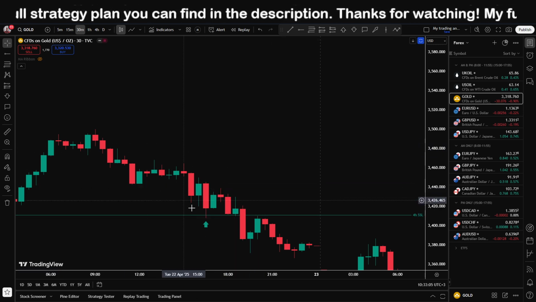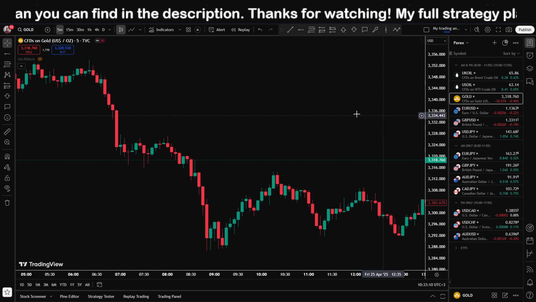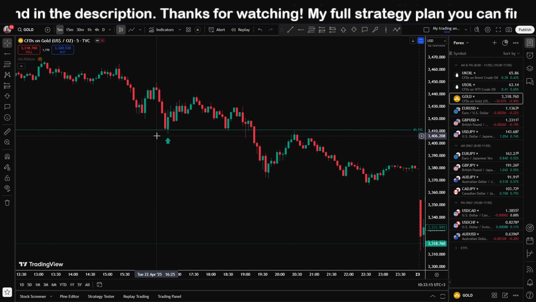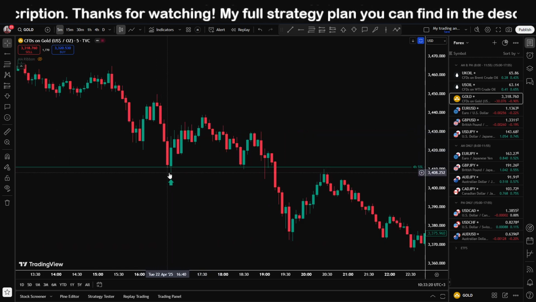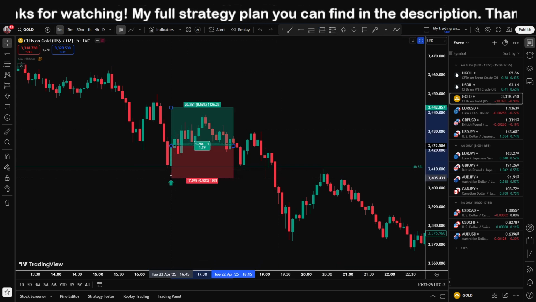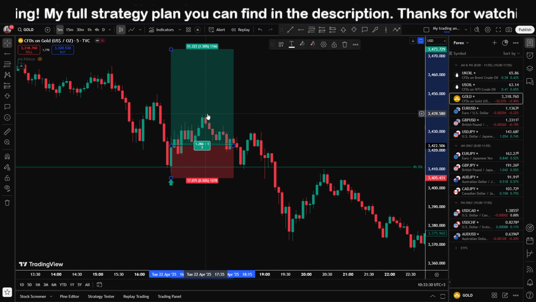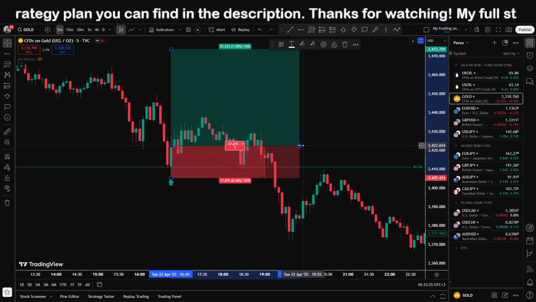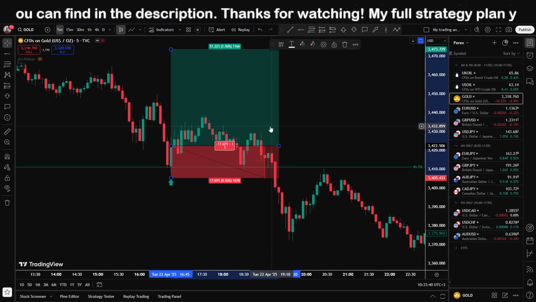And the second trade is from the 5-minute time frame. Right here, again, liquidity grab, reversal structure, stop loss under the structure, and after a few hours I take another loss from gold.